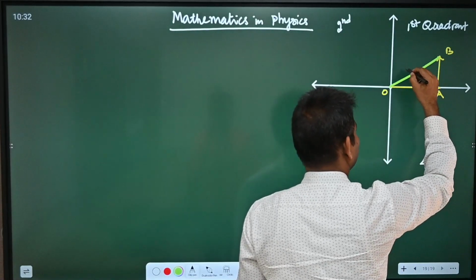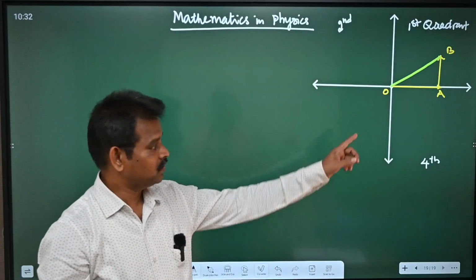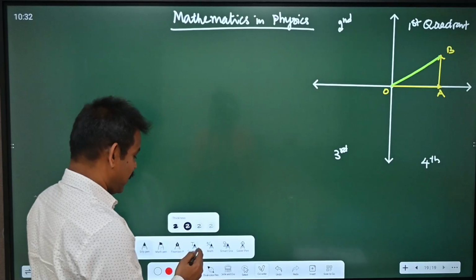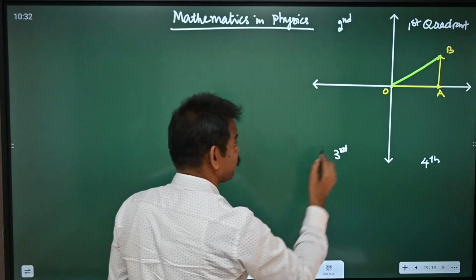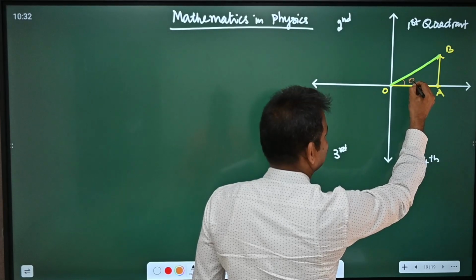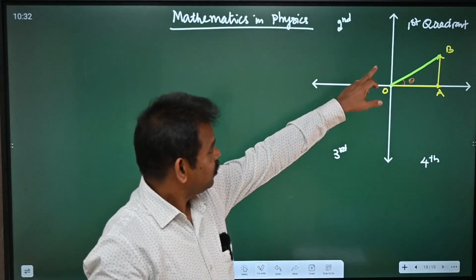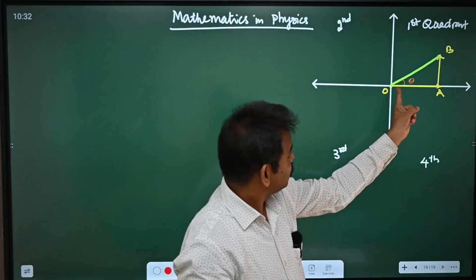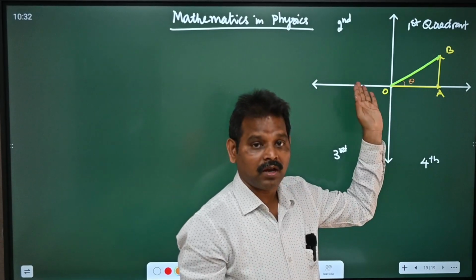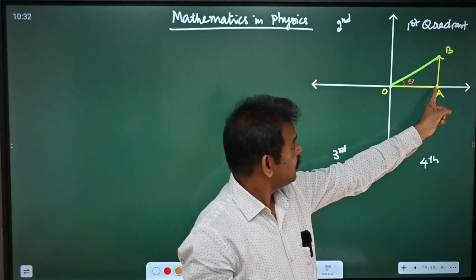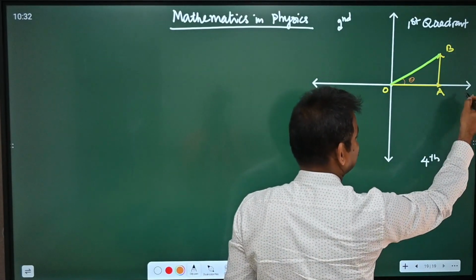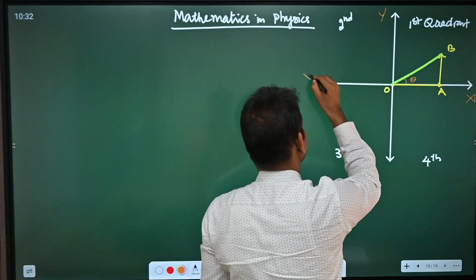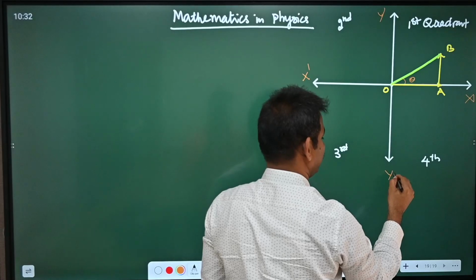This will be OB. Students, when we are writing this angle, let us say I am taking this angle here, angle theta. In the first quadrant, this OA is along positive x-axis, AB is along positive y-axis. So this is x, this is y, this is x dash, this is y dash.